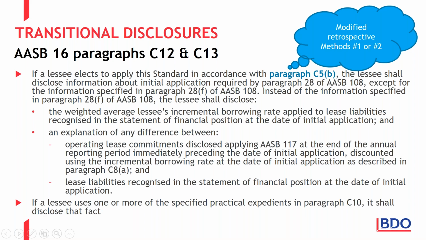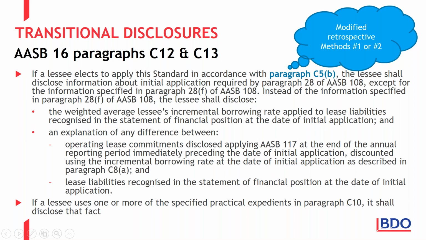And if a lessee uses one or more of the specified practical expedients in paragraph C10, you should disclose that fact. So it's really important to consider in the first year of applying IFRS 16, have I complied with the disclosure requirements in AASB 108 paragraph 28, as well as the disclosures in paragraphs C12 and C13 of AASB 16?